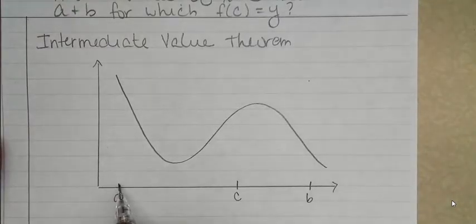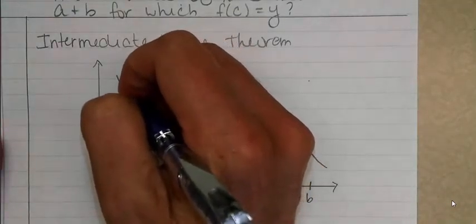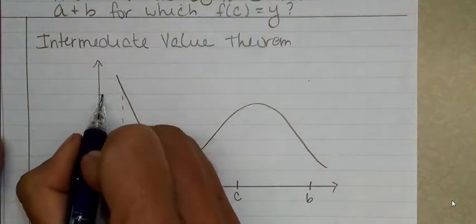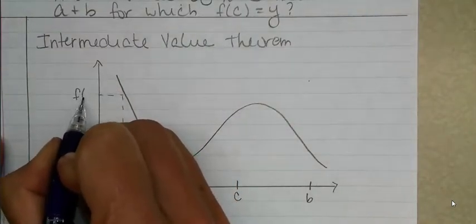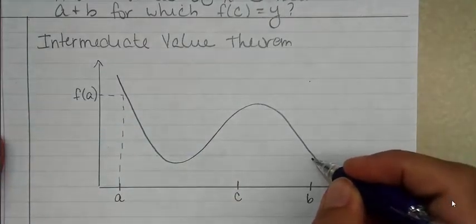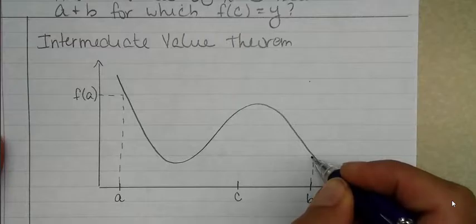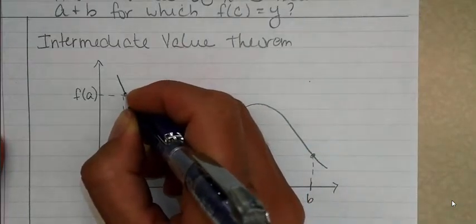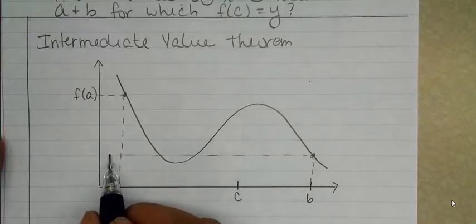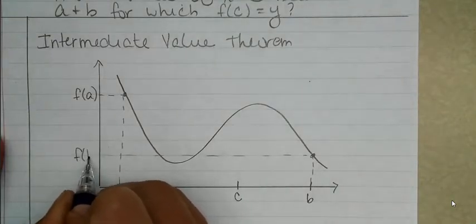So wherever I put a in, I'm going to have an output that is f of a. And wherever I put b in, there's going to be some output that is f of b.